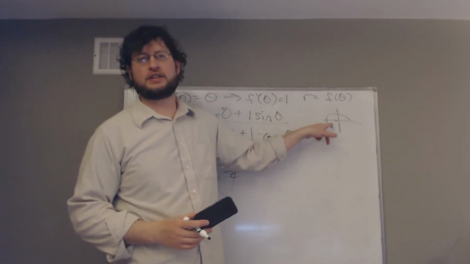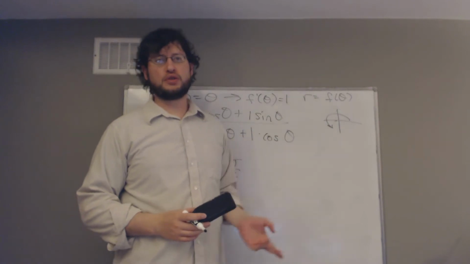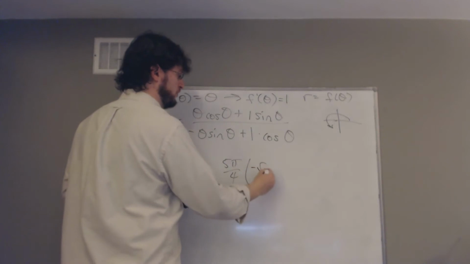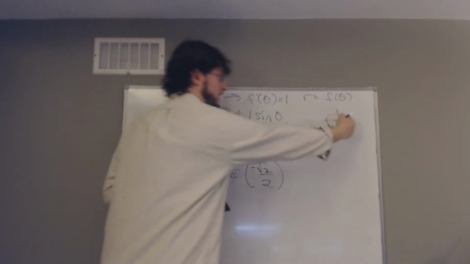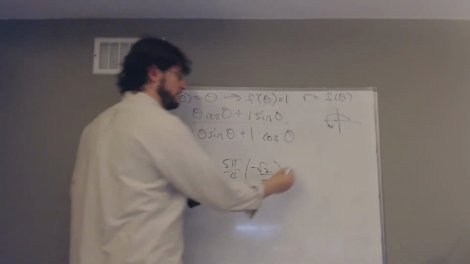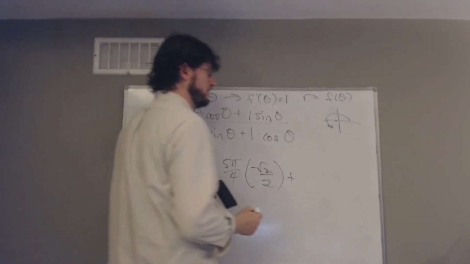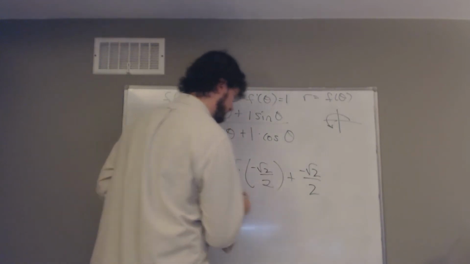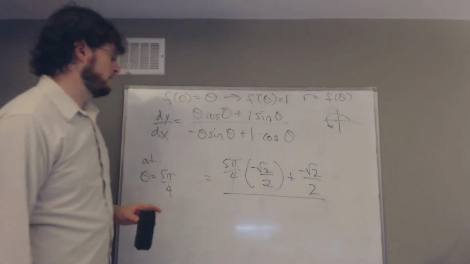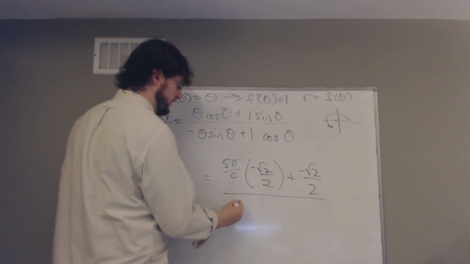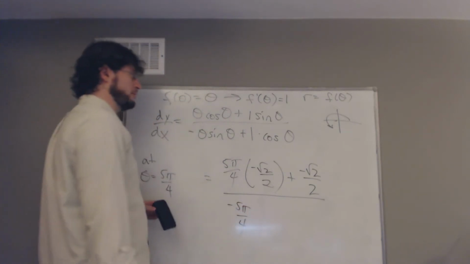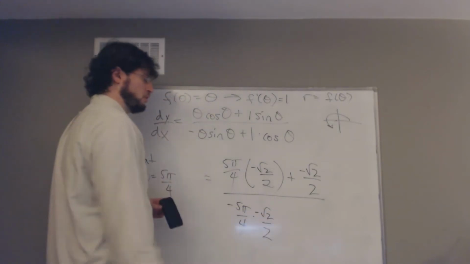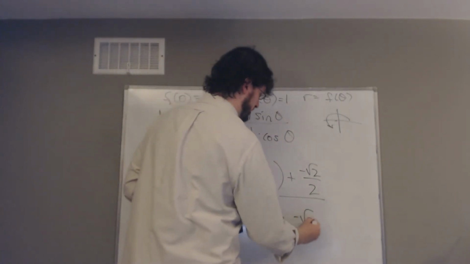So the cosine and the sine are both root 2 over 2, watching the signs. So the cosine is actually negative root 2 over 2, because that's a negative x, plus the sine of theta, which is, again, negative root 2 over 2. Divided by negative theta, which is negative 5 pi over 4, times sine of theta, which is negative root 2 over 2, plus 1 times cosine of theta, which is negative root 2 over 2.